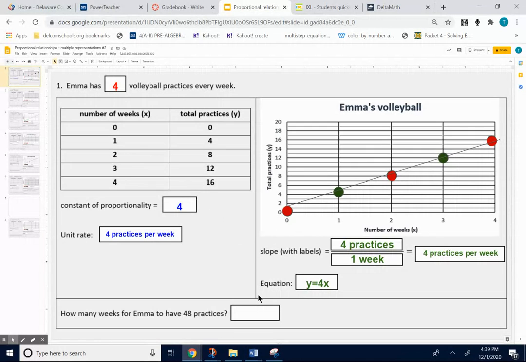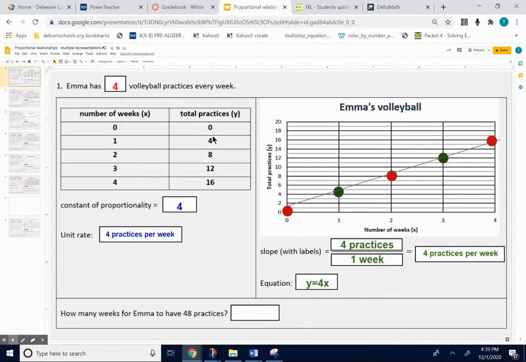Last question. How many weeks for Emma to have 48 practices? I can't really write on this without messing things up, but 48 practices would be on the right-hand side. So 48 would be down here somewhere. You could carry on the pattern, add 4, add 4, add 4, add 4, add 4, add 4, add 4 until you get to 48. You could do it a harder way or a longer way.